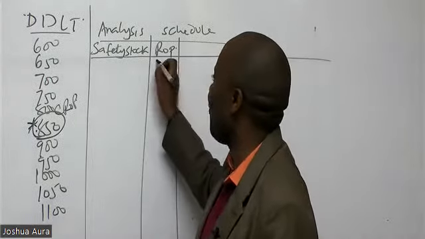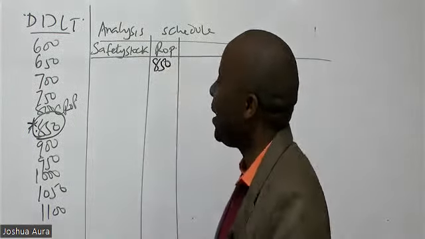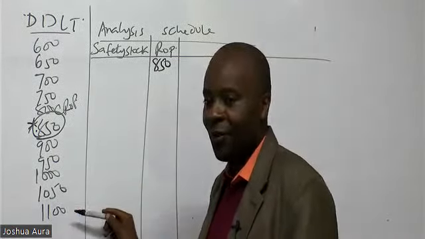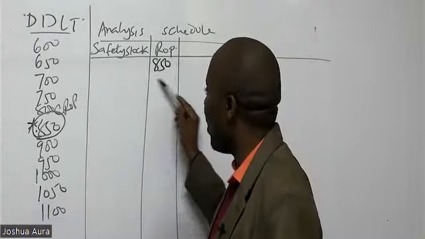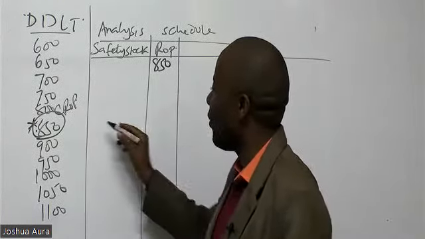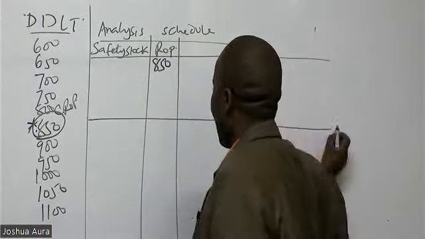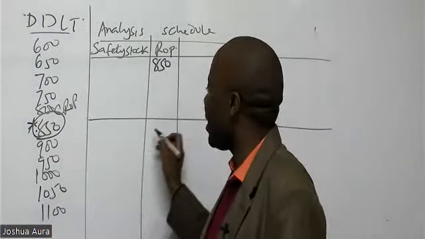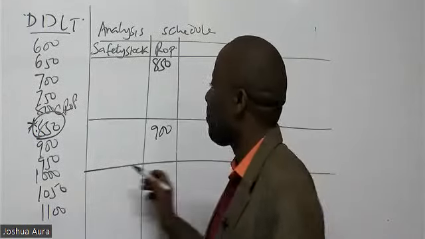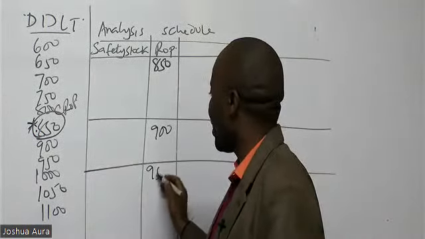It is 850. You can see these numbers are many: 1, 2, 3, 4, 5. So I have to skip how many lines here? 1, 2. Skip enough lines, and then pick the second one, which is 900. The next one is 950.